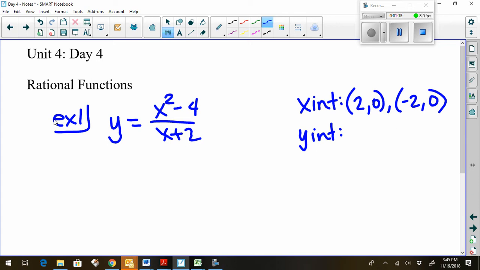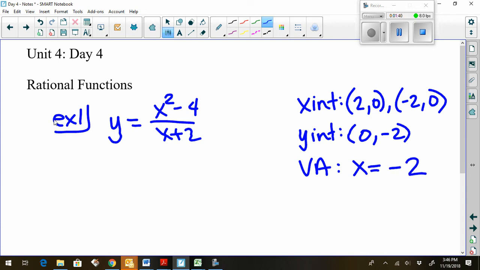So we'd have 0 squared minus 4, which is negative 4, over 2. So we get the point (0, -2). And then our vertical asymptotes are when we set our denominator equal to 0. So our denominator equal to 0 gives us the equation x equals negative 2.